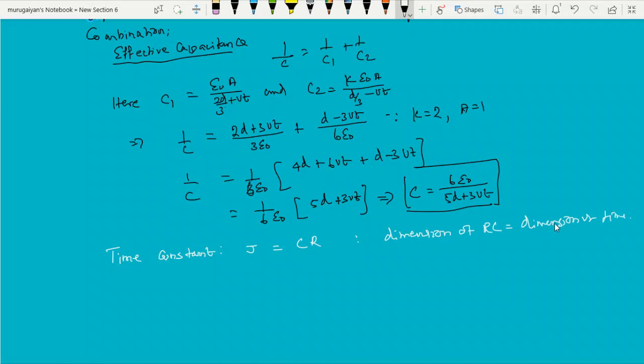So therefore the combination CR is known as the time constant of the capacitor circuit.